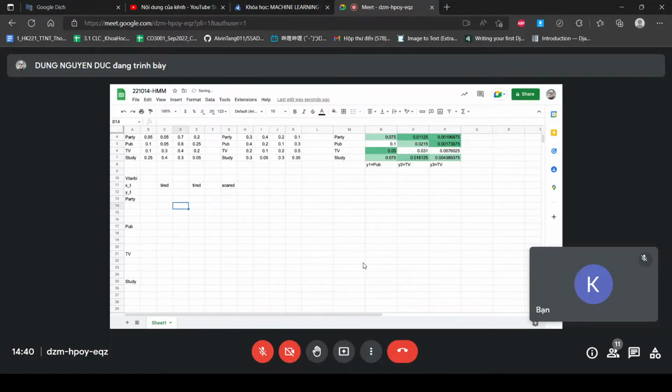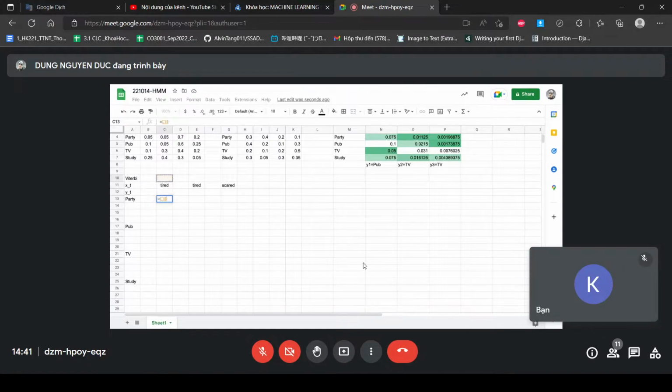Those are some state units. Now, first, for party, the very first joint probability you have is what?